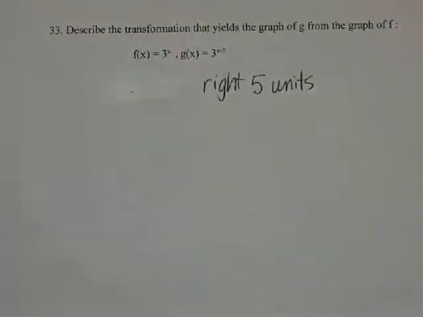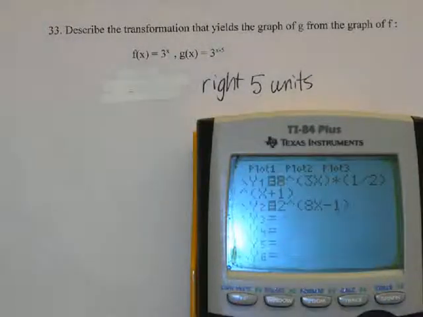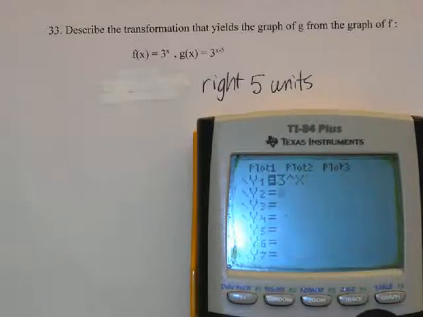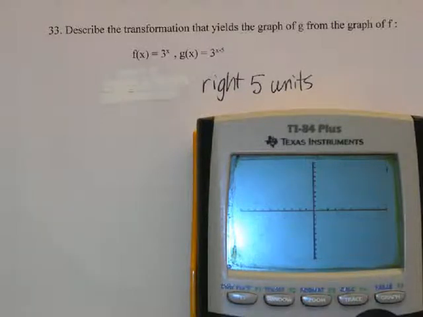To verify, we could plug the equations in, 3 to the x and 3 to the x minus 5. And we can see that it moved over 5 units.